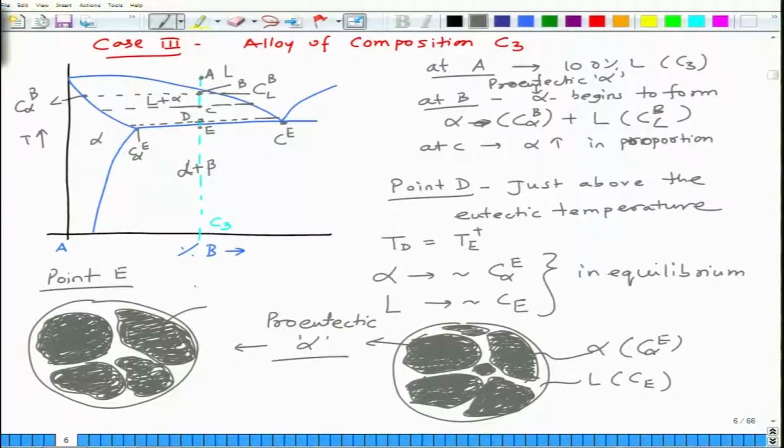So this is the pro-eutectic alpha of composition C alpha E, and the liquid converts into a mixture of alpha and beta. This appears as the eutectic mixture, which is of the form of platelets. So you will have these platelets of alpha and beta, which appear as gray and red plates.